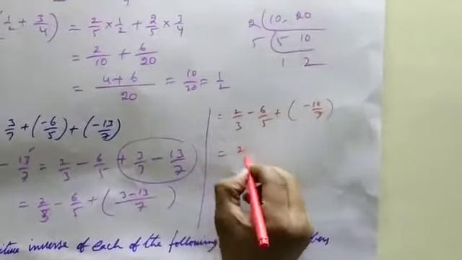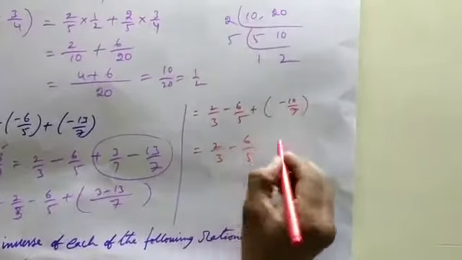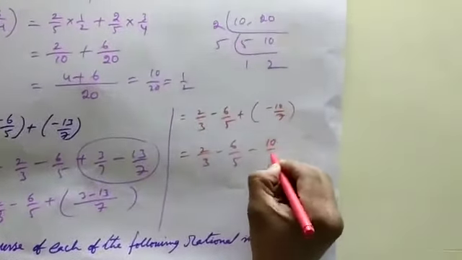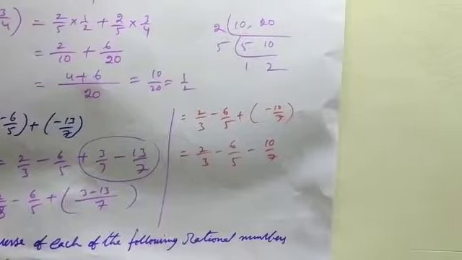That is equal to 2 by 3 minus 6 by 5 plus minus 10 by 7. You take any two.